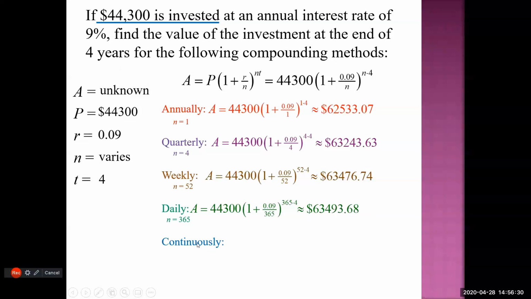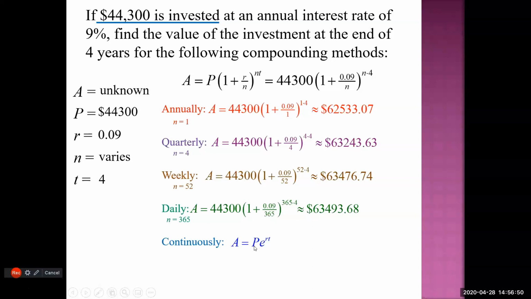And then finally, if we're compounding continuously, all the time, we have to change our formula, right? We can't use that one up there anymore. We have to use the one with the E in it. Continuously means use E, right? Make sure you change your formula, and it's actually a lot quicker to calculate.